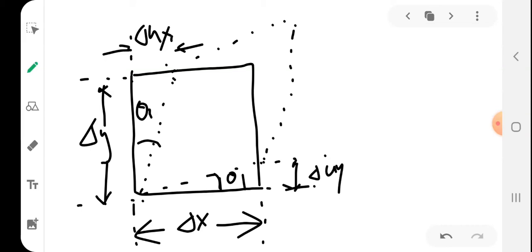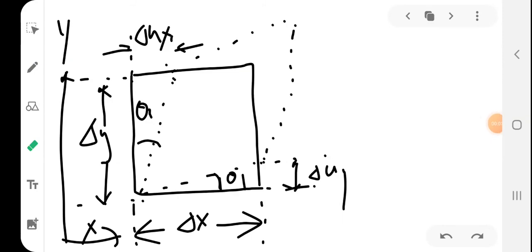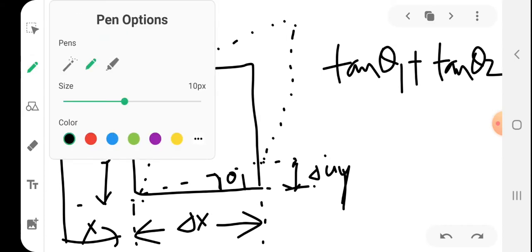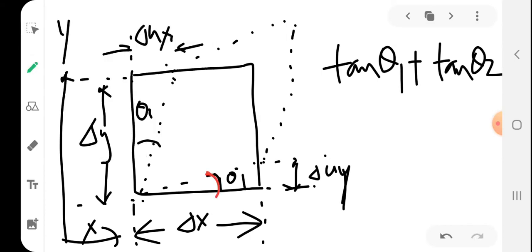So you have already learned how to write shear strain in one dimension. In one dimension, you can write it as tan theta, right? Since we have two thetas here, it can be written as the sum of both the tan thetas, tan theta 1 plus tan theta 2. So how to write tan theta 1? Tan theta 1 is nothing but delta uy, opposite. I will use a red ink. This angle is theta 1.